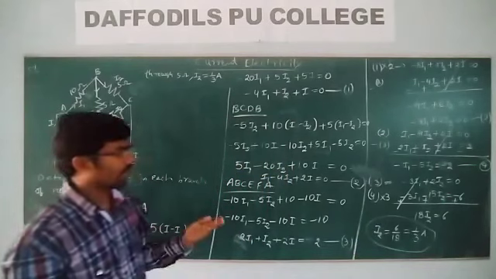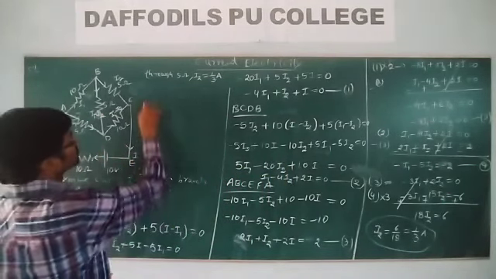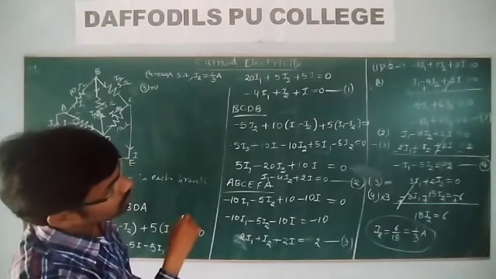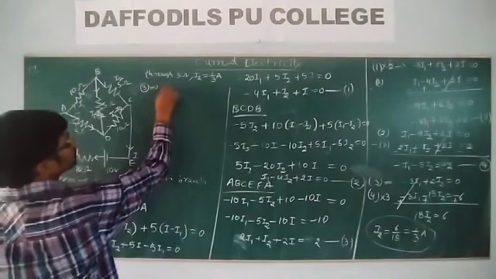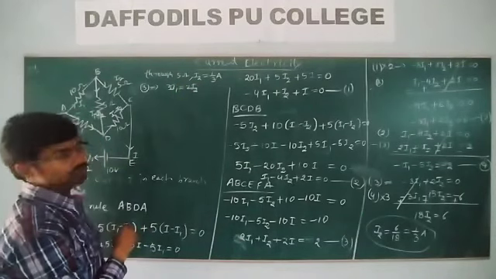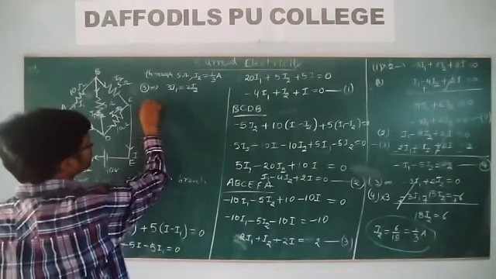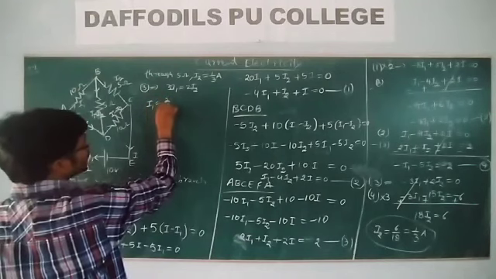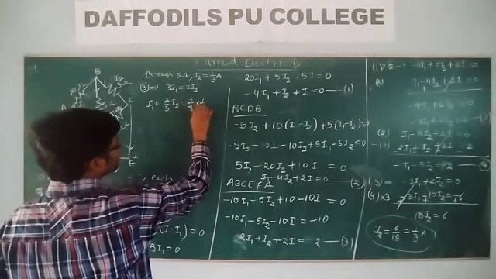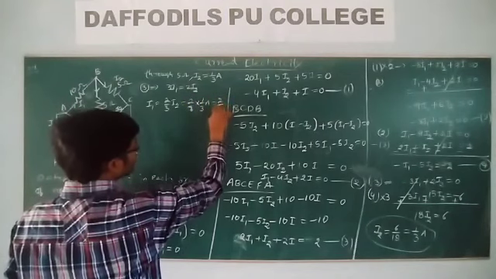Then you can get the I1 value. Equation 3 implies 3I1 is equal to 2I2. Then I1 is equal to 2 by 9 ampere.